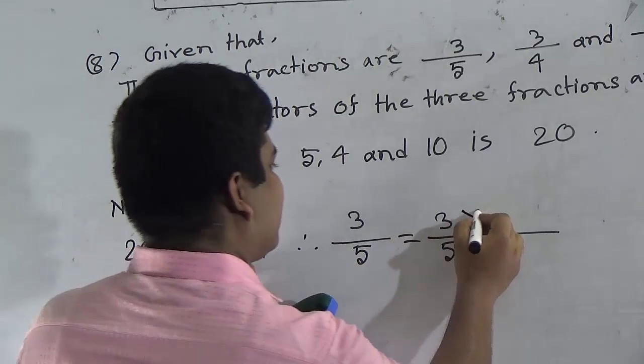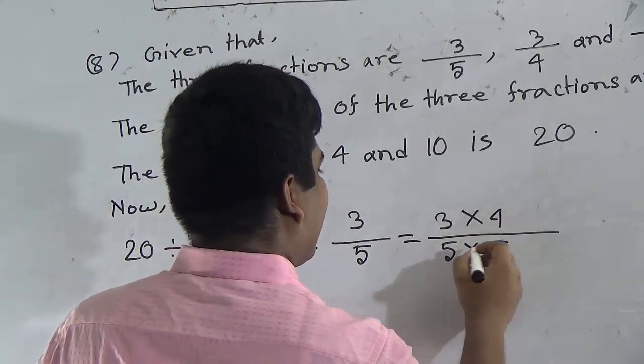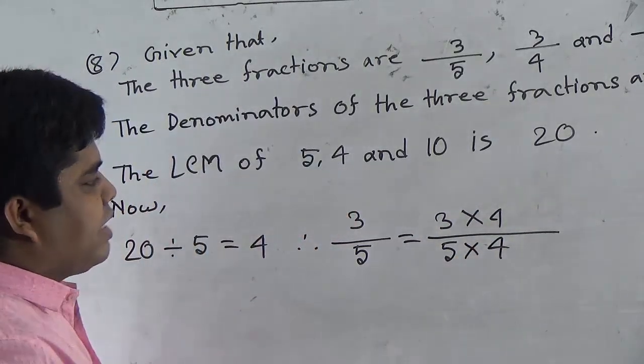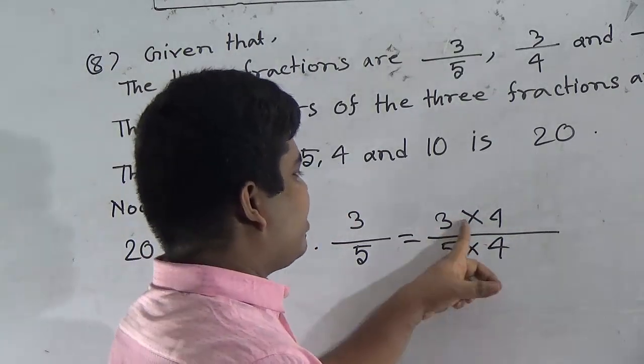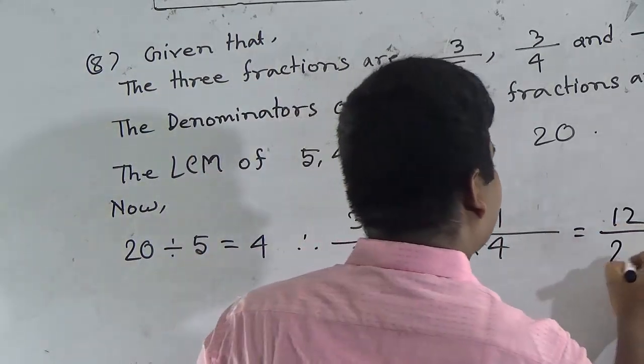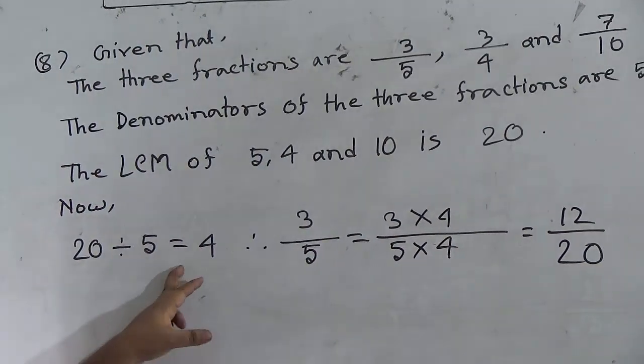That means 3 multiply 4 and 5 multiply 4. 3 fours are 12 and 5 fours are 20. I hope you understood the first one.